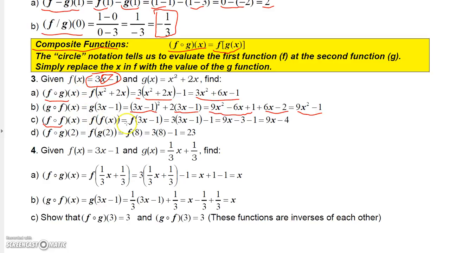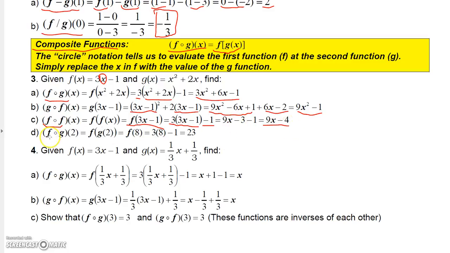So basically, I'm going to evaluate the f function at itself, at 3x minus 1. So go back up here and look. If you do that, you simply take this x and replace it with 3x minus 1. So I get 3 times 3x minus 1, and then I have the minus 1 that goes along with it. Well, that's 9x minus 3, and then the minus 1. So that's going to be 9x minus 4.